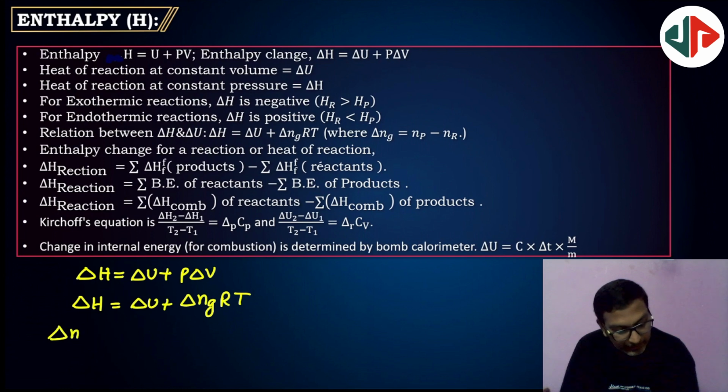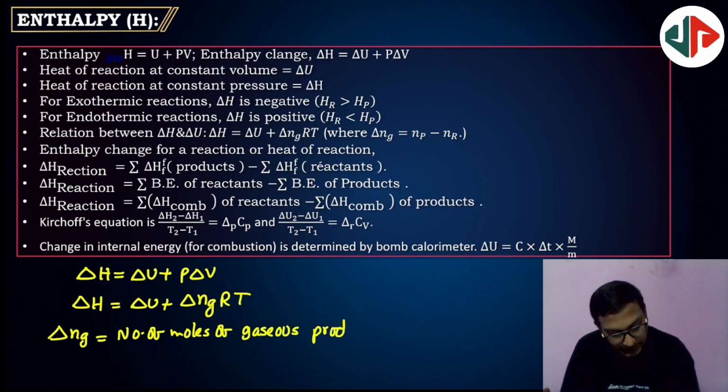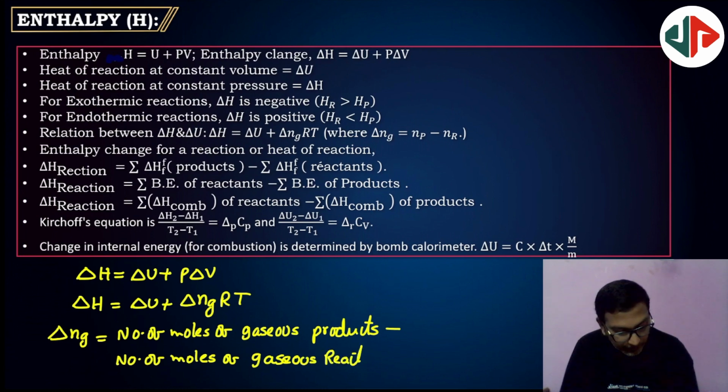Where delta ng equals the number of moles of gaseous products minus the number of moles of gaseous reactants. Very, very important.